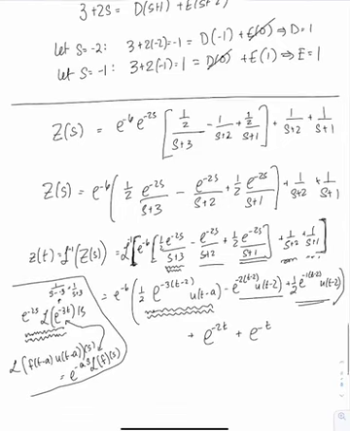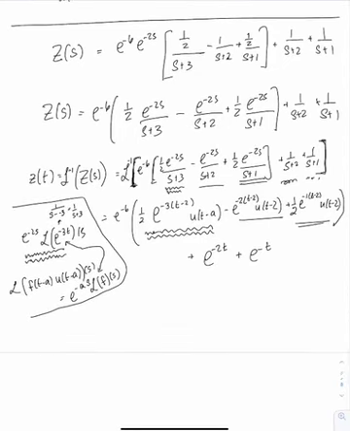This is the solution. And if you want, you can distribute the e to the negative 6 and rewrite it, just combining the exponents any way you want. So you'll have e to the minus 3t plus 6 minus 6, so it's e to the minus 3t, u of t minus 2, minus e to the plus 4 minus 6, so e to the minus 2t minus 2, u of t minus 2.